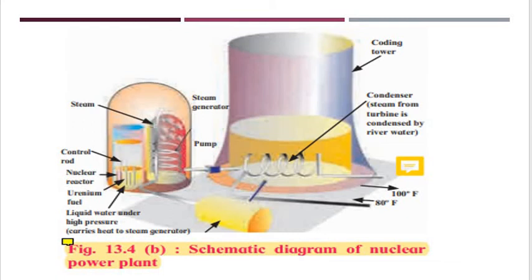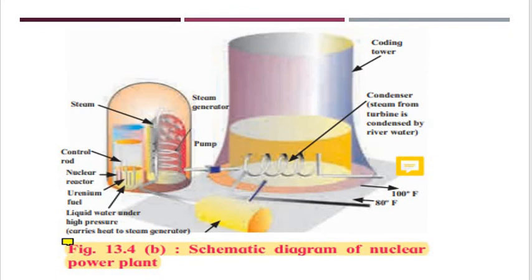To slow down the reaction, we need to control the emission of neutrons, or we need to remove the neutrons gradually so that there would be no neutron and uranium will not be disintegrated. So this purpose will be solved by cadmium rods.